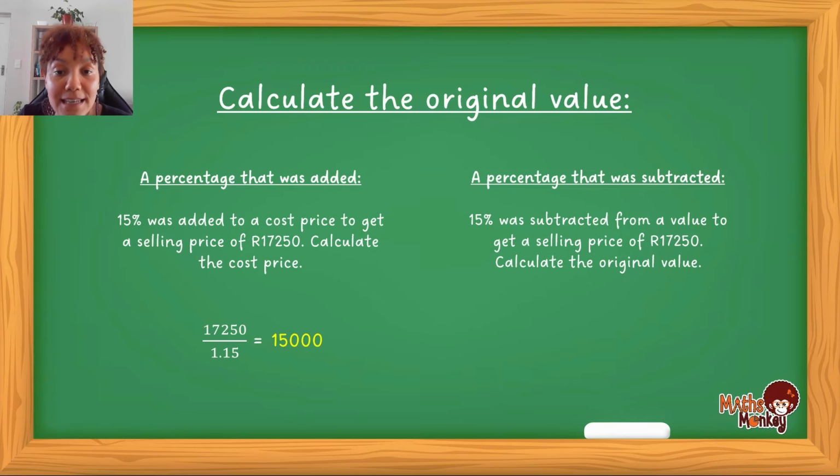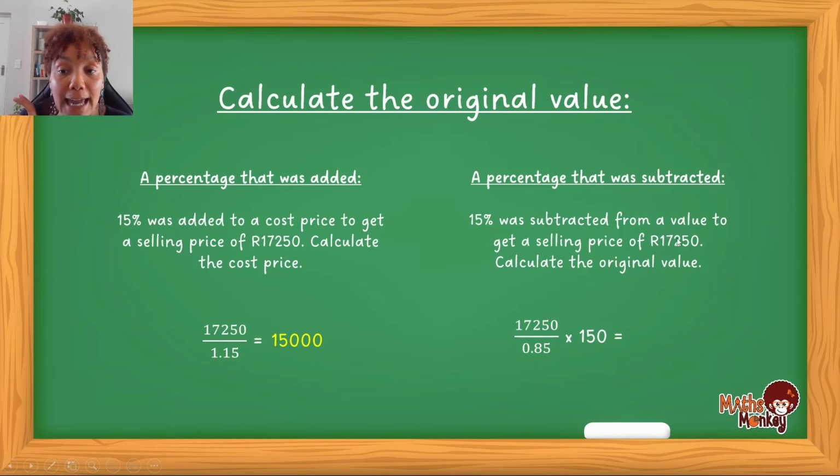But remember, from this 1, I've subtracted 15% to get the 17,250. So my denominator will be 1 minus 0.15, which gives you 0.85.